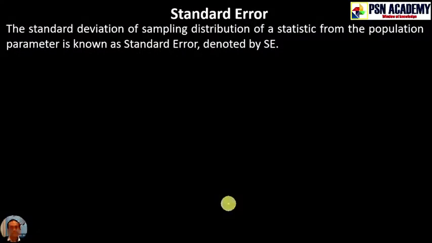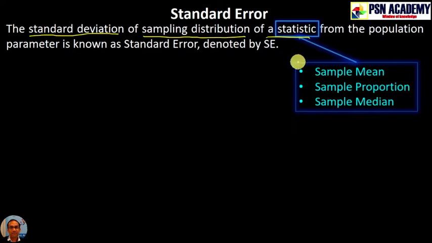Okay? Now, we have learned enough of sampling distribution to learn standard error. Now, what is standard error? Standard error is nothing but the standard deviation of the sampling distribution, not regarding the population, of the sampling distribution of a statistic. The statistic may be sample mean, maybe sample proportion, maybe sample median, anything it may be.